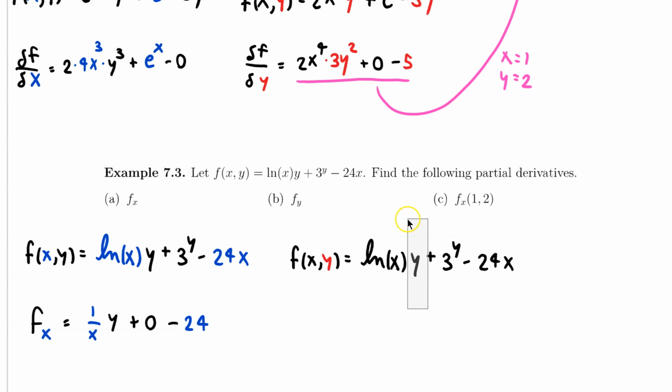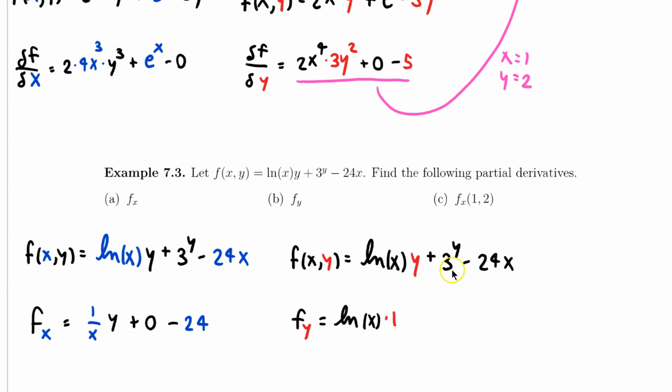So my y is going to be a variable this time, and my x is going to be just a number. So if I want to take the derivative with respect to y, I'm going to get f sub y equal to: log of x is just a number, so it stays the same, I'm just going to get log of x here. The derivative of y would be just 1, so this would be just 1.